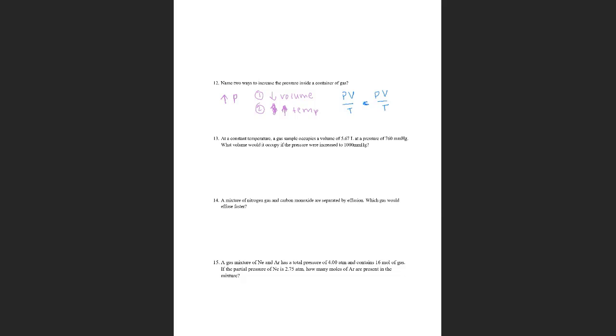Yeah, inverse. So as pressure increases, volume decreases. And then what about pressure and temperature? Are those direct or inverse? Yeah, that's a direct relationship. As pressure increases, temperature is also going to increase. So that's how we got this answer.